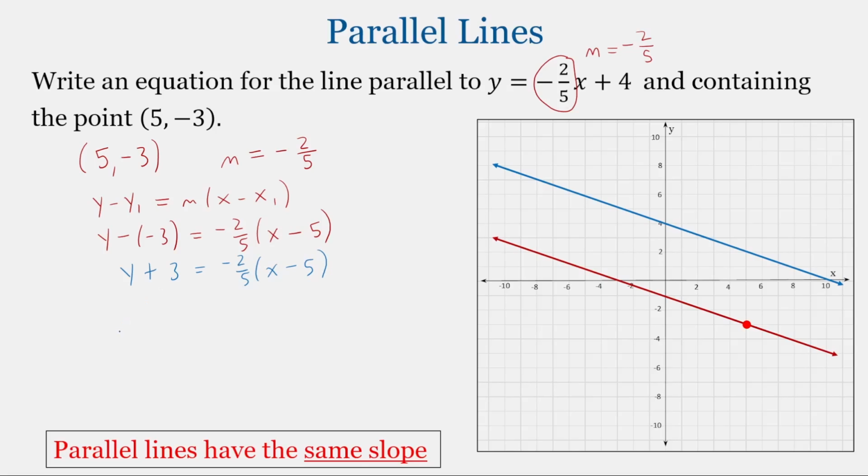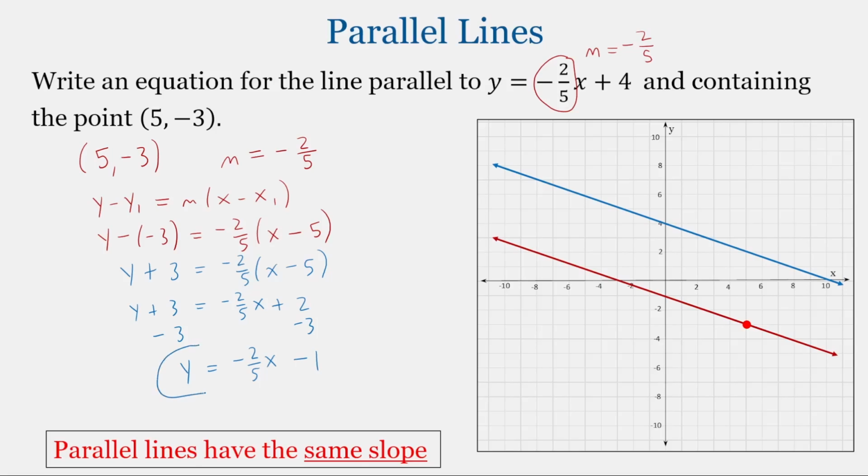Use the distributive property to multiply out that -2/5. So that's y + 3 = -2/5 x + 2. And then we'll subtract 3 from both sides to get that y all by itself. We end up with y = -2/5 x - 1.